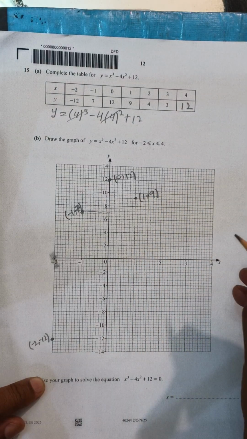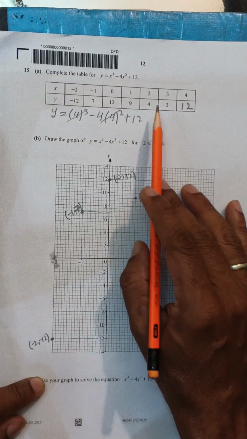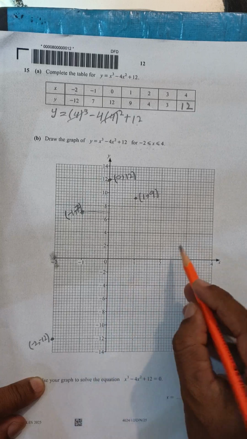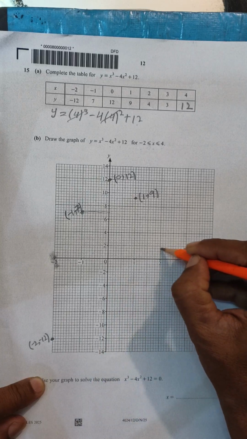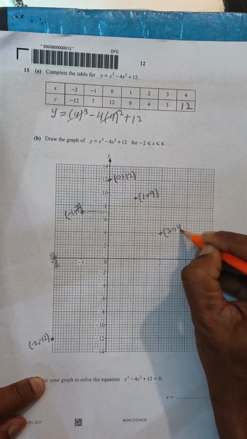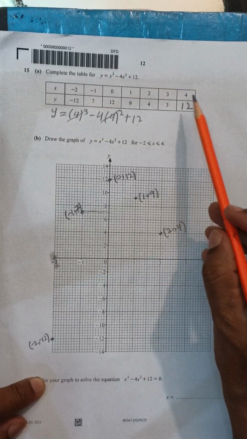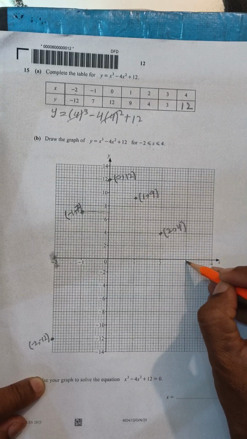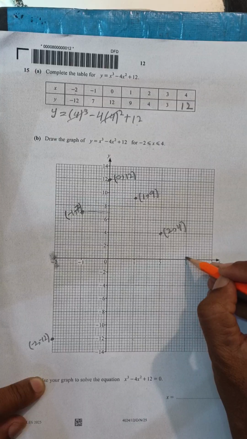Okay, next is 2 and 4. Yes, 2 and 4. Where is 2? And this one is 4. So this value is 2 and 4. The next is 3 and 3. So this is 3 and 3. Where is 3?